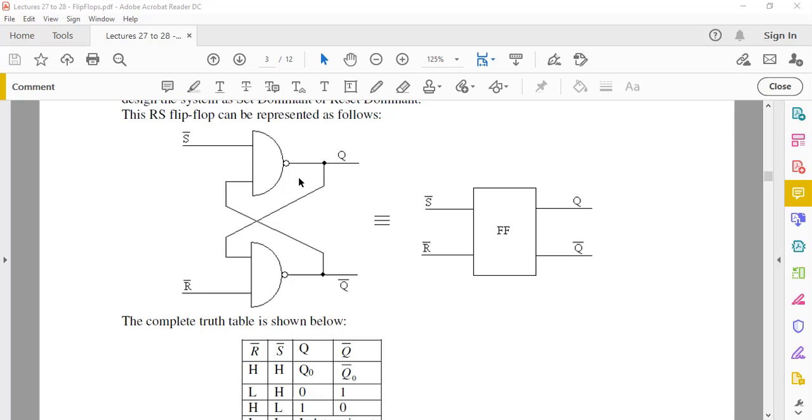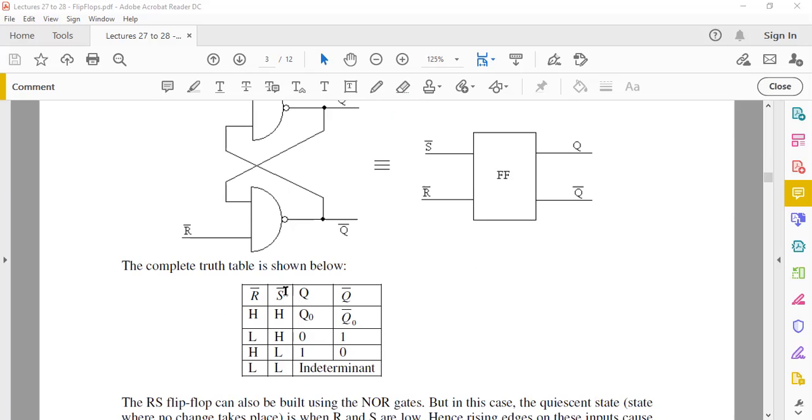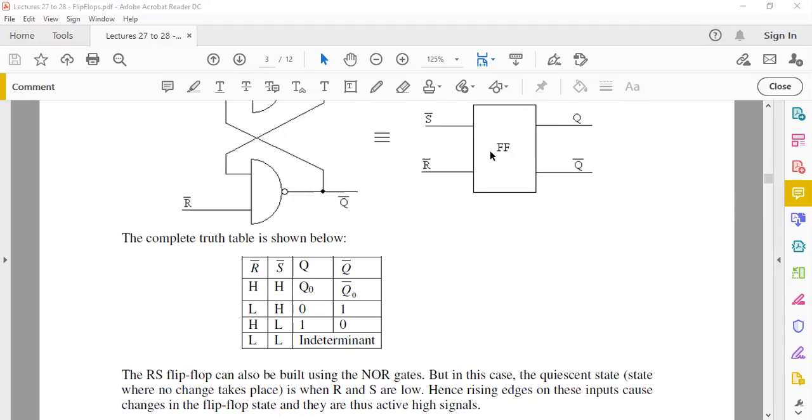Just to recap, we made S with a complement here and R complement simply because they are producing the desired effect when they become low. When S bar is low, it is setting the output, and when R bar is low, it is resetting the output. So you could represent your RS flip-flop in that way here, and these two pins are active low.